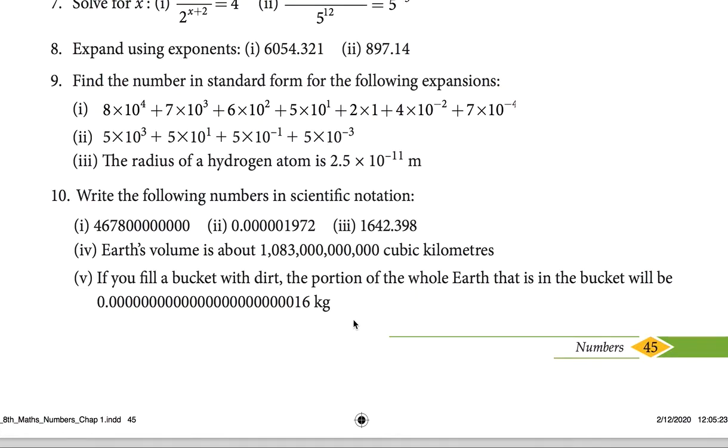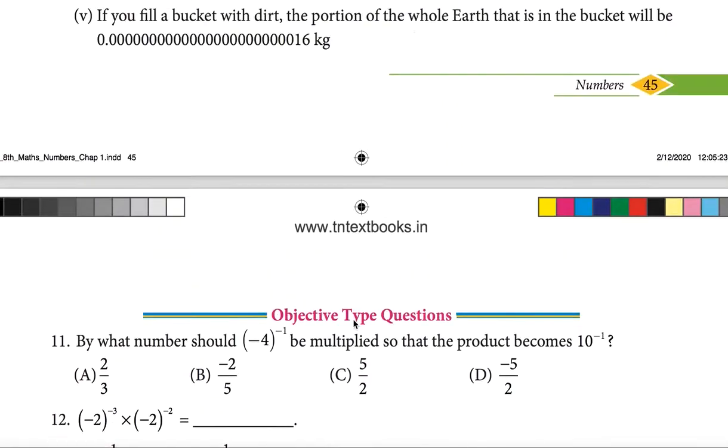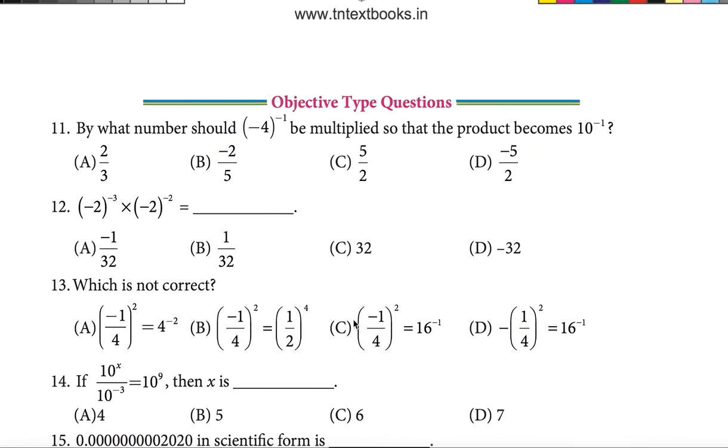Earth's volume is about this cubic kilometer. If you fill a bucket with dirt, the portion of the whole earth that is in the bucket will be minus 1 by 4, right?